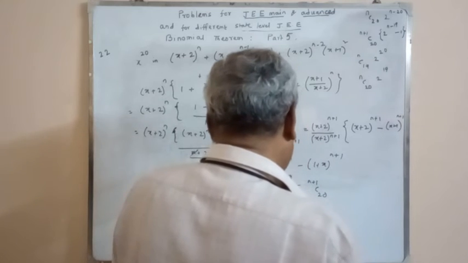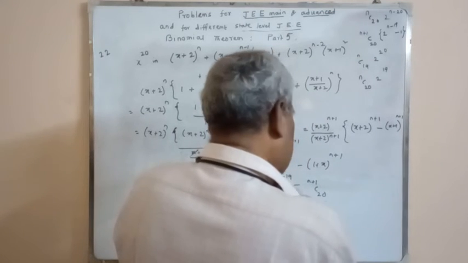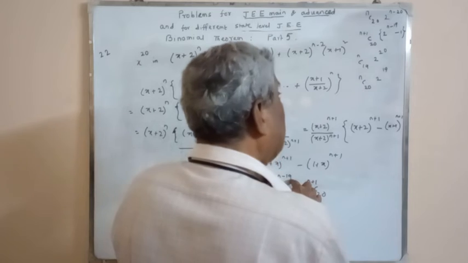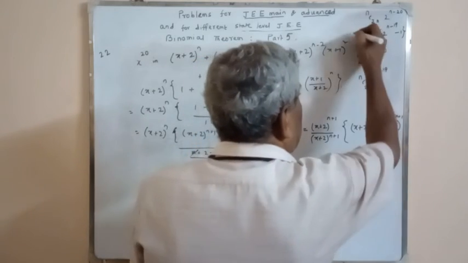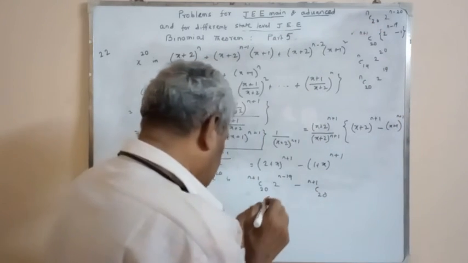So our answer is n plus 1 C 20 into (2 to the power n minus 19 minus 1). So this option is correct.